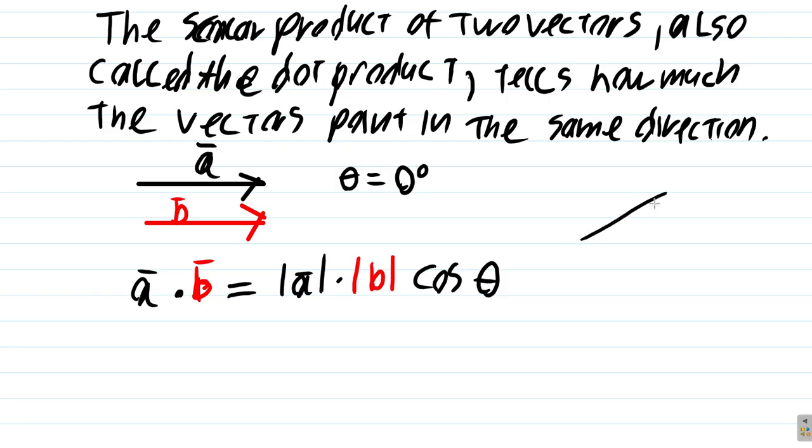So you might have a case where A looks like this and B looks like this. Theta would be this angle, alright? In this case, the angle is 0.